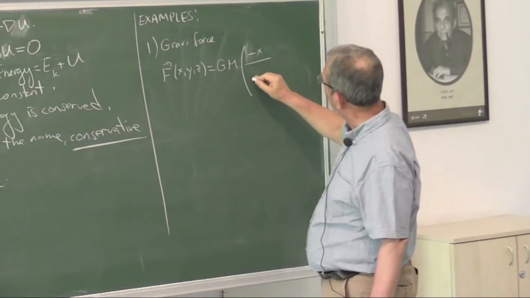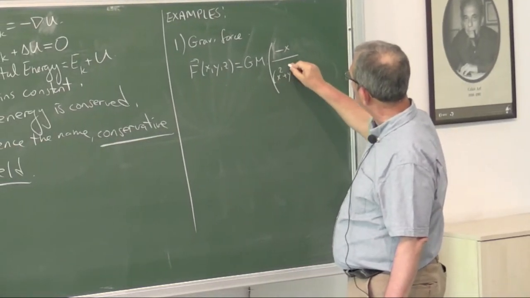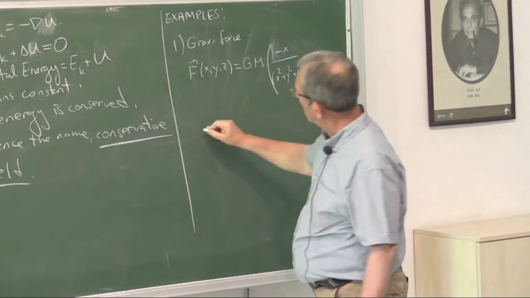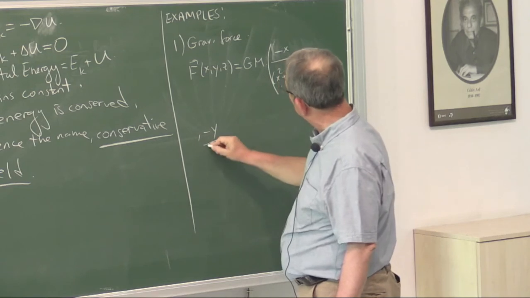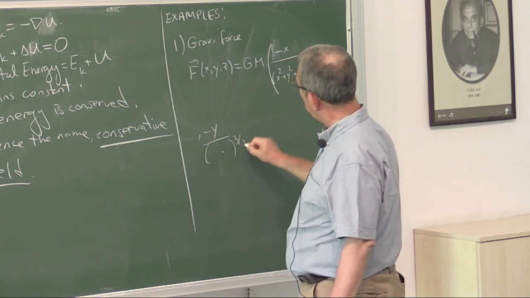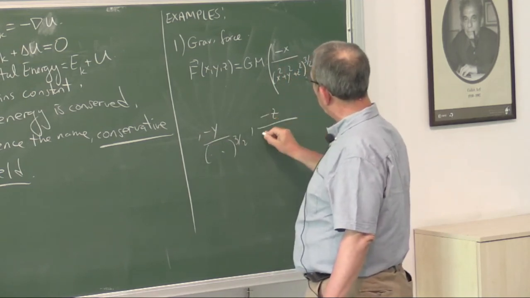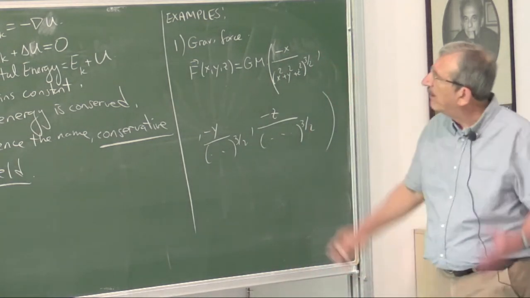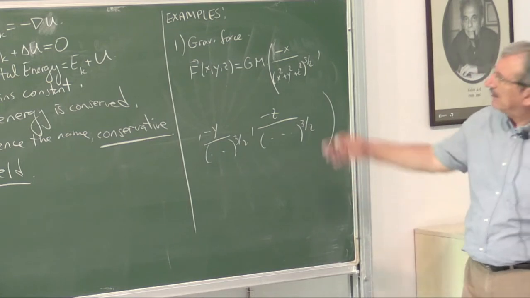Minus x over (x squared plus y squared plus z squared) to the 3/2, minus y over the same 3/2, and minus z over the same 3/2. So this was the gravitational force, or field, if you want.